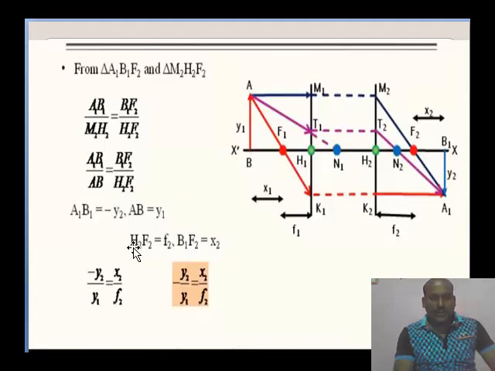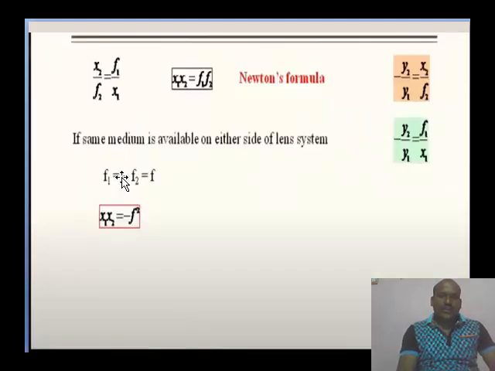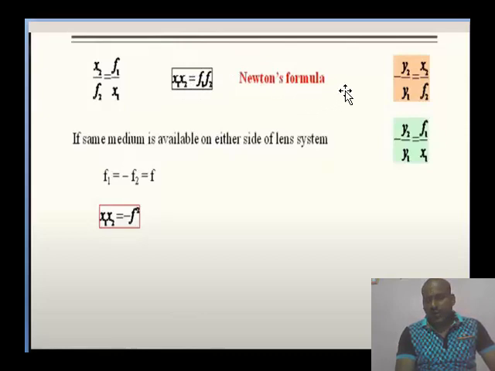As it is, F2H2F2, look here, F2 and H2, the distance is x2. Put all these values in this equation and we get the result below. When simplifying, finally we get x2 divided by f2 is equal to f1 divided by x1, and by cross multiplication x1 x2 is equal to f1 f2. It is the Newton formula.